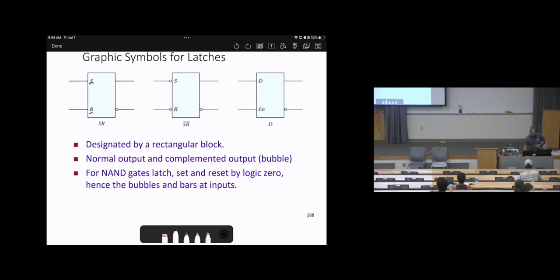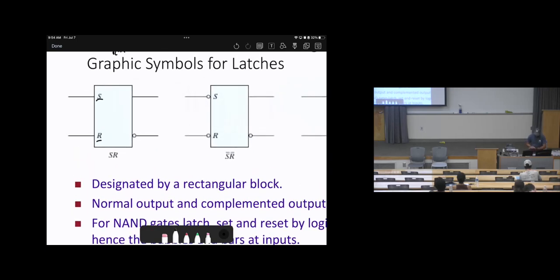Then, by looking at the symbol, we will realize that sometimes it is based on NAND gates or NOR gates. Whenever we see the first symbol this way, it is based on NOR gates. In other words, this is active high. However, in this one, how did I know there is S bar or R bar?